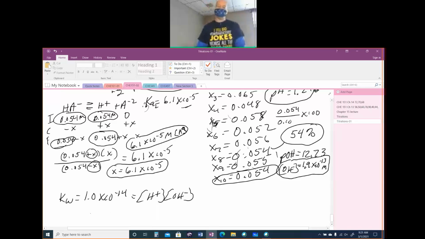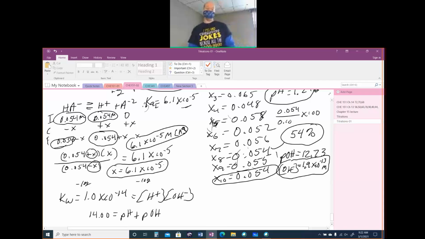If you take the negative log of both sides of this equation, the negative log of this side and the negative log of this side, then you get 14, the negative log of 1 times 10 to the minus 14, is equal to the pH, if you know your log rules, plus the pOH. So this equation and the pH plus the pOH is equal to 14, those are mathematically the same thing.